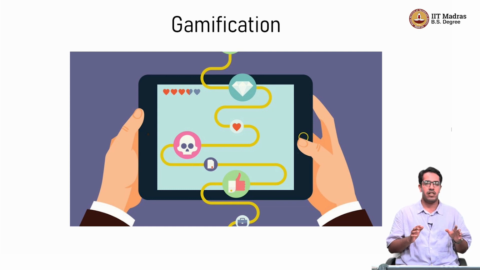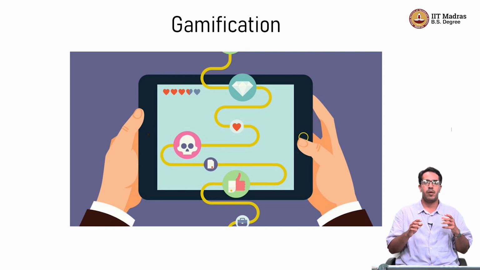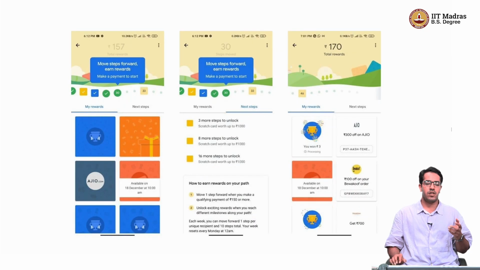It is valid proof that apps that use gamification increase sign-up conversion rates by upward of 50%. Through gamification you can incentivize specific user behavior and make people come back for more. If you see on the screen, Google Pay is one of the most supreme examples of the implementation of gamification. See how they introduce coupons and build a journey for the user to keep coming back.